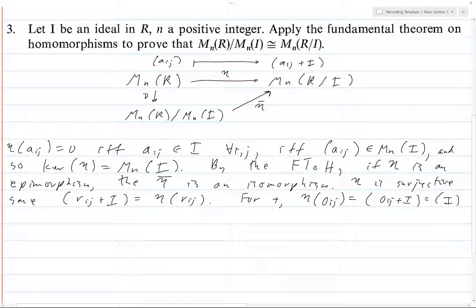And of course this is the zero element in M_n(R/I), because it's a matrix that consists entirely of the zero element.